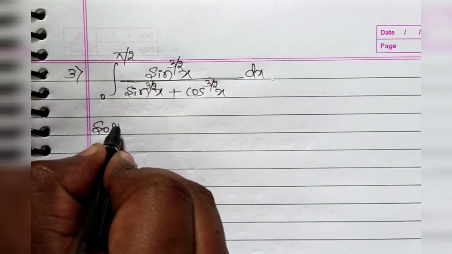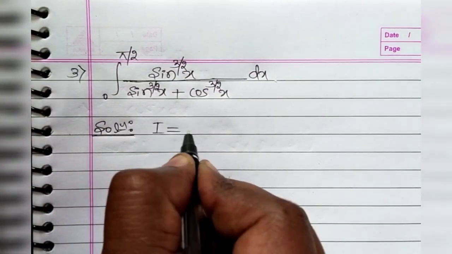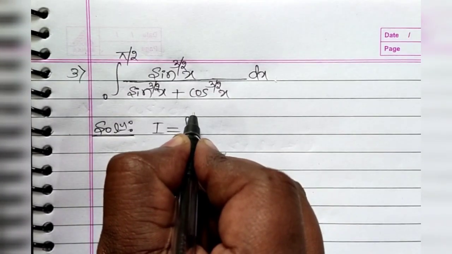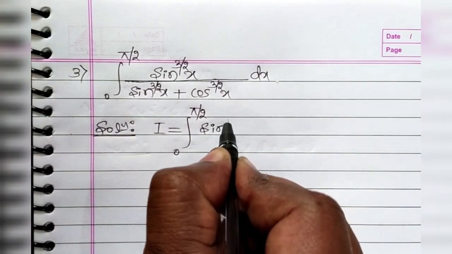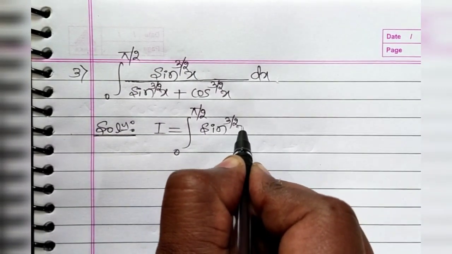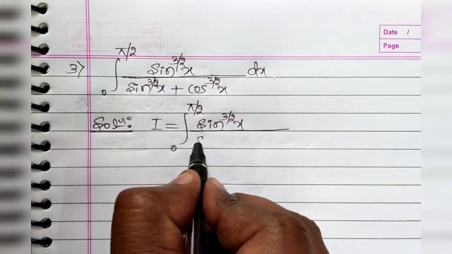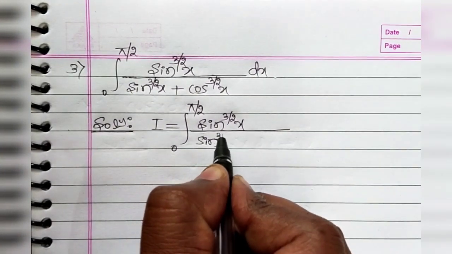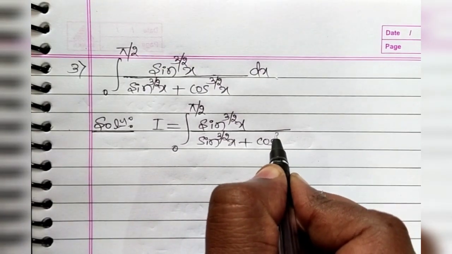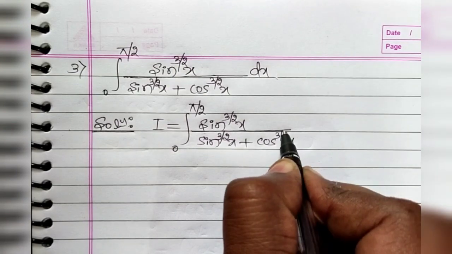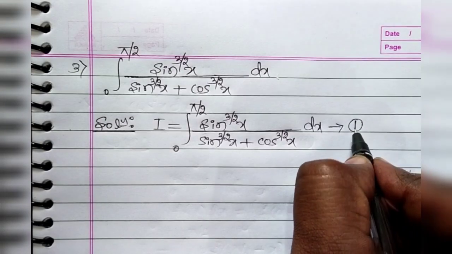So I'll be taking this as I, which is equal to the integral from 0 to pi by 2 of sine to the power 3 by 2 x divided by sine raised to 3 by 2 x plus cos to the power 3 by 2 x, dx. I call this equation number 1.